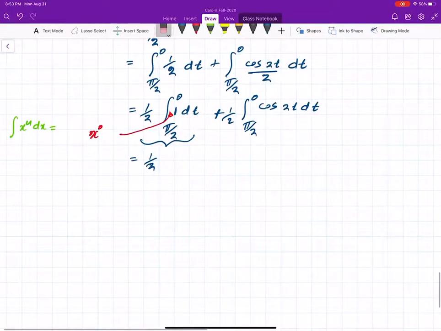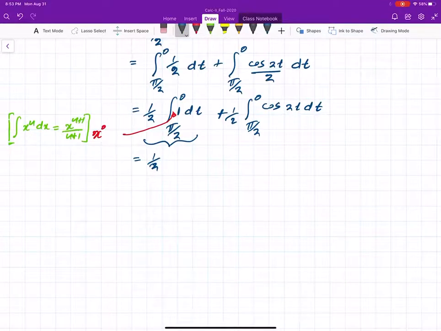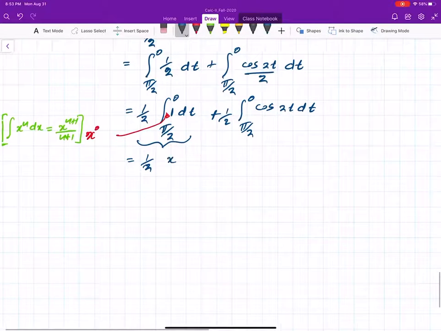The integration of that is x to the power n plus 1 over n plus 1. Now this should be x to the power 0 plus 1 over 0 plus 1, and you have half here.